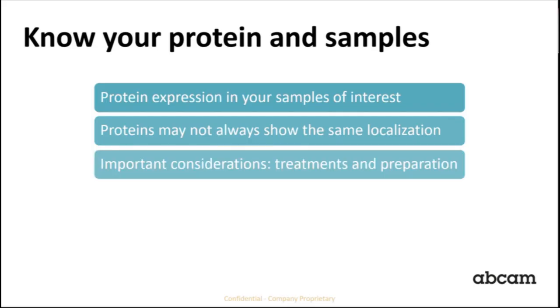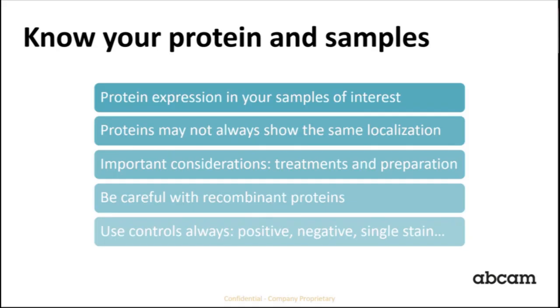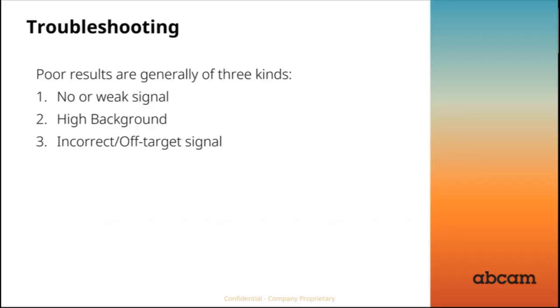What treatments were these samples subjected to in order for you to see the protein expression, such as if you are testing for phosphorylated proteins. And we also recommend including controls to ensure the specificity of the staining. If you are doing multiplex staining, it is always important to include a single stain control for each marker before proceeding to your actual experiments.